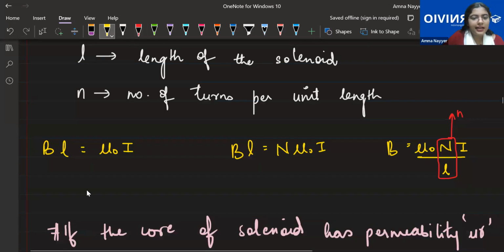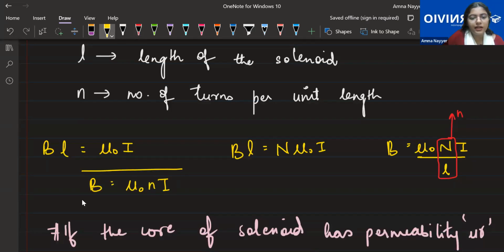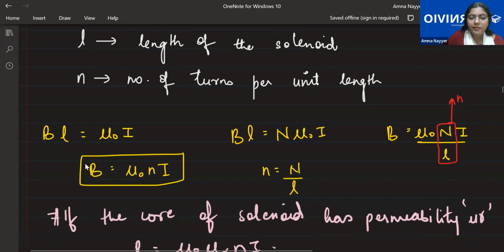So the formula becomes B is equal to mu naught n I, where we know small n is equal to capital N by L. B is the magnetic field, mu naught is the constant permeability, n is the number of turns per unit length and I is the current.